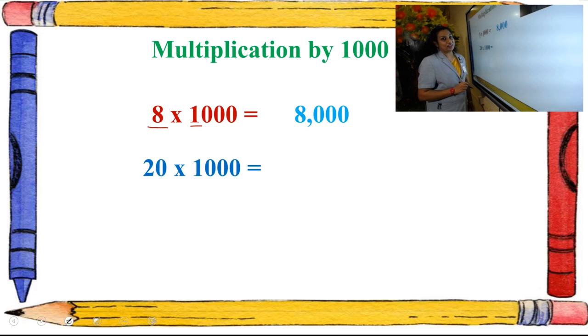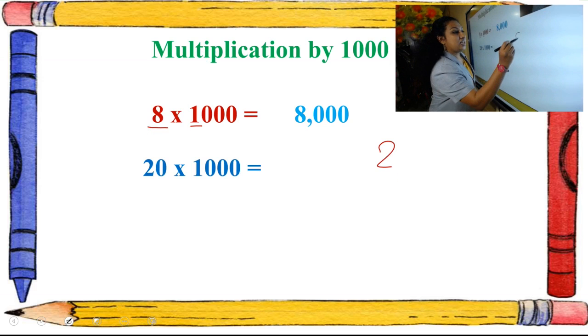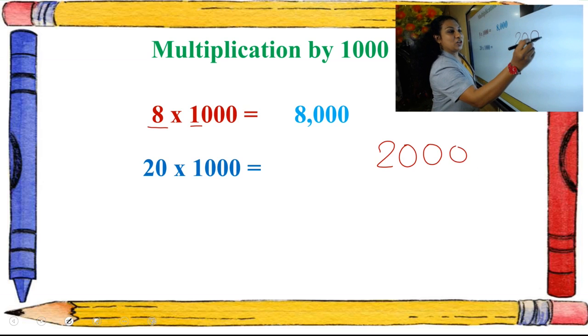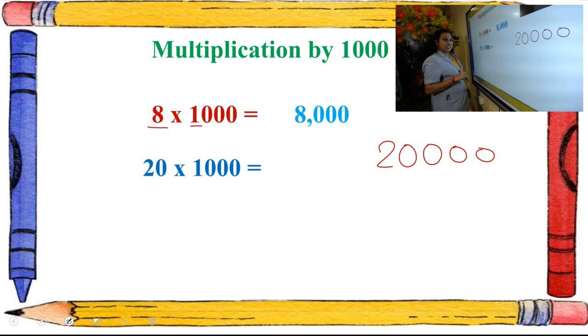20 into 1000. I told you 20 into 1 is 20. Then add how many zeros? 3 zeros. Or what is the another method? Just multiply the counting numbers. 2 into 1 is 2 and add all the zeros in the question. 1, 2, 3, 4. 2 into 1 is 2 and 4 zeros are added along with the answer.